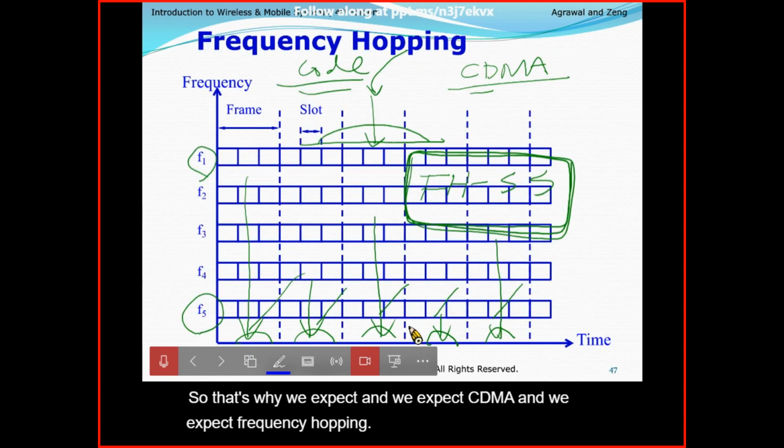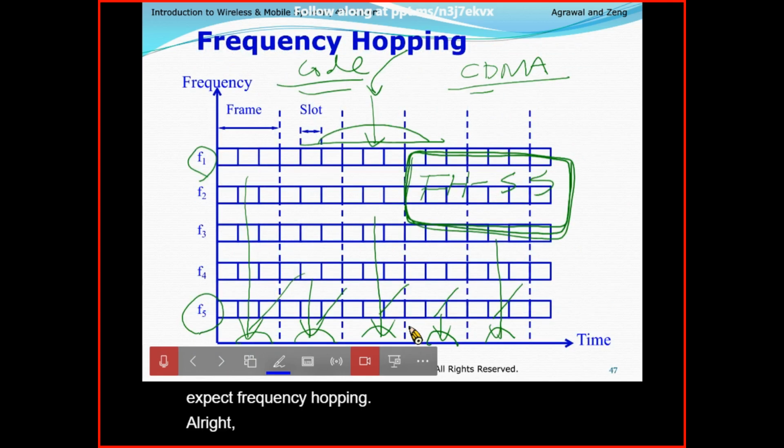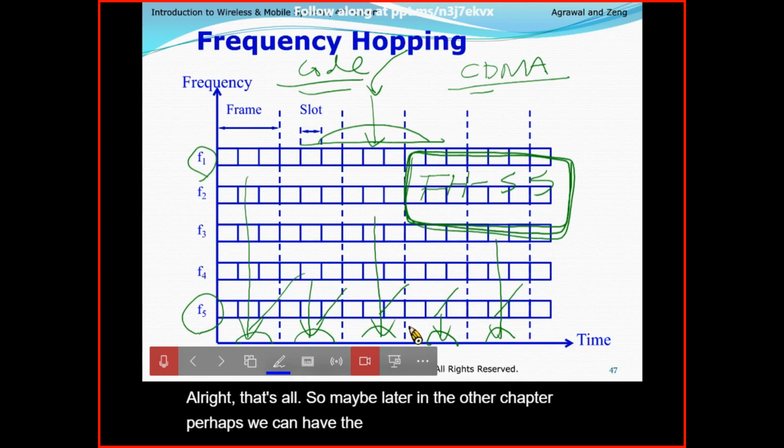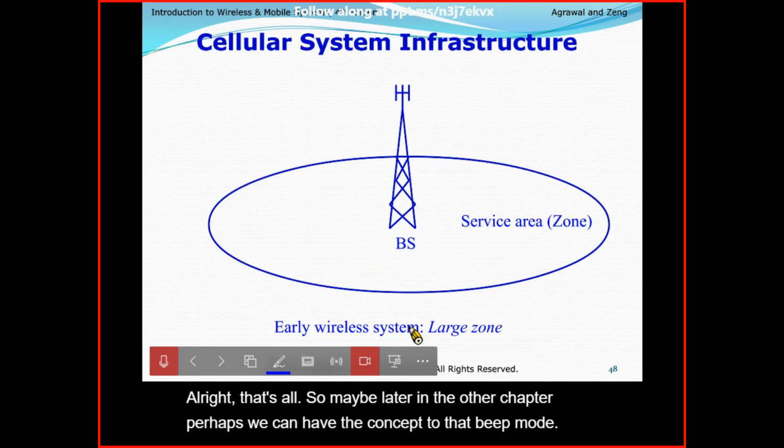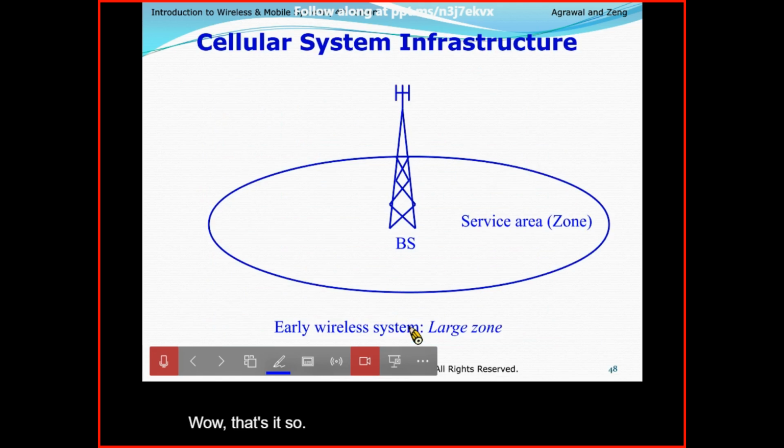That's all. Maybe later in another chapter, perhaps we can have the concept to let you know a bit more. Well, that's it. So OFDM and CDMA and frequency hopping.